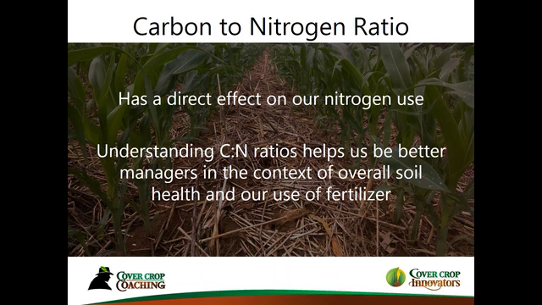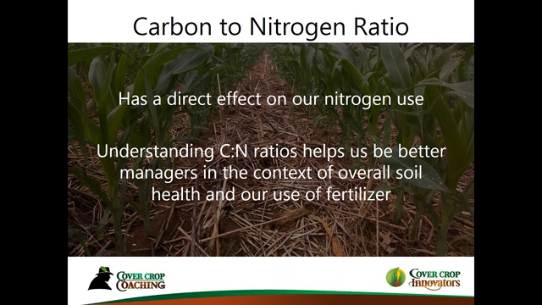So why is this important to us in cover cropping? Well, it does have a direct effect on our nitrogen use or our nitrogen management. We're talking about nitrogen, so there's a direct relationship there that is important to growing plants.